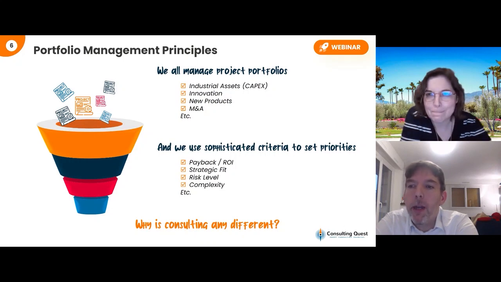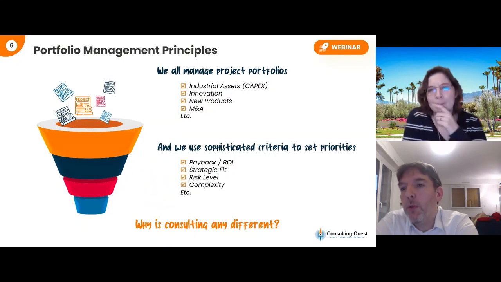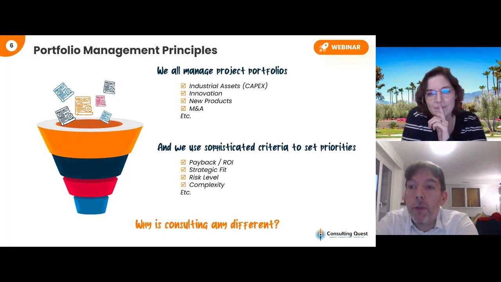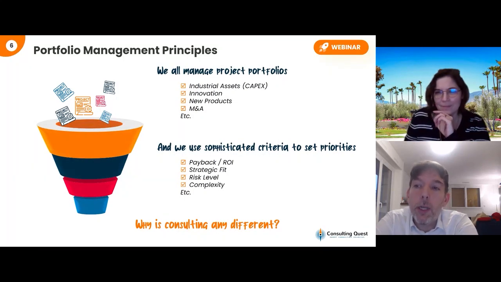But I've rarely seen consulting managed as a portfolio. Most departments end up with a consulting budget that they spend as they see fit. We always manage the portfolio with very sophisticated criteria: the payback, the return on investment, the strategic fit, the risk level. There is, in my view, absolutely no reason to manage consulting differently.